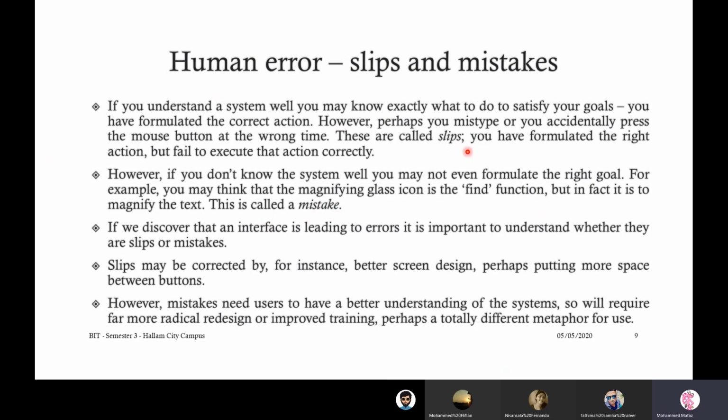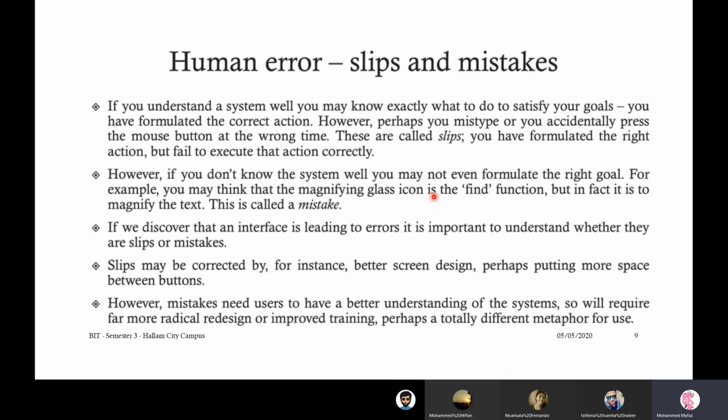So can you understand what is a slip and what is a mistake? A slip is when you have the actions defined, but you didn't execute them correctly. In that case, you maybe click something somewhere else by accident. That is called a slip. A mistake means having a wrong understanding.